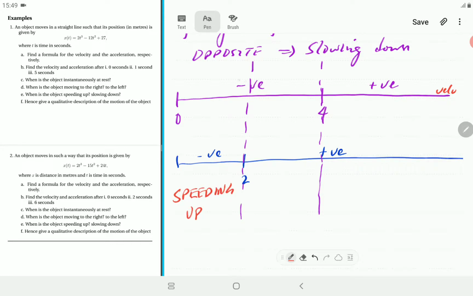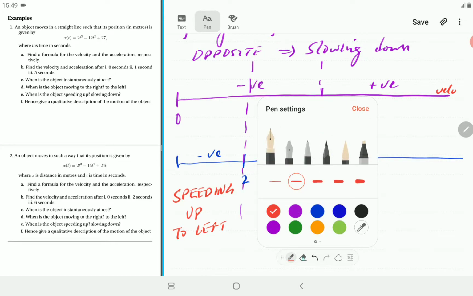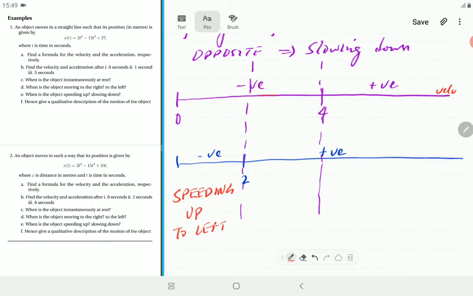Remember, when the velocity is negative, the particle is going to the left. Then in this second region, the velocity is still negative, but the acceleration is now positive. So that means the particle is now slowing down, but it's still going to the left.